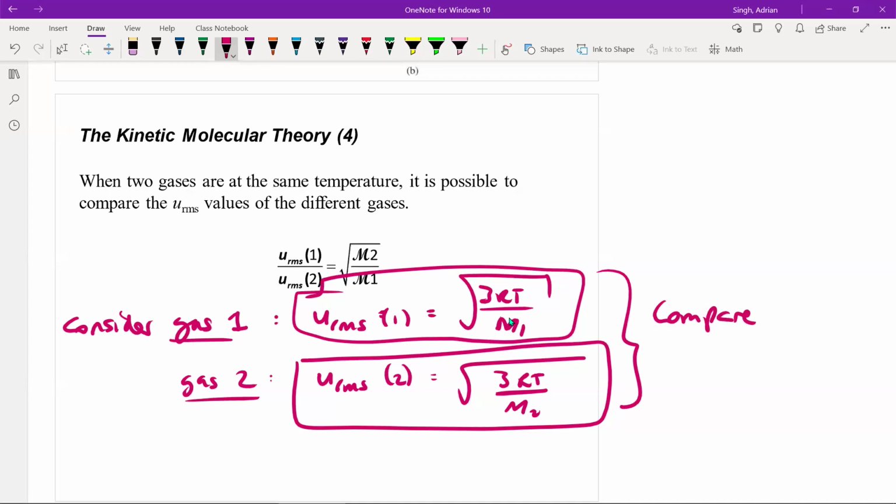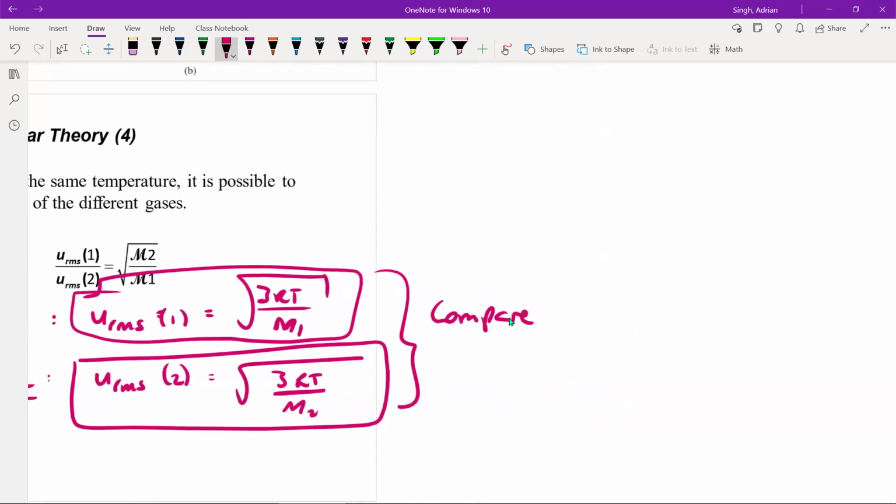And when we compare them, let's say we can compare the root mean square of 1 to 2. We can divide them. We can get a ratio between them. So we can say the root mean square of 1 divided by the root mean square of gas 2, and we're also going to divide the right sides of these equations.